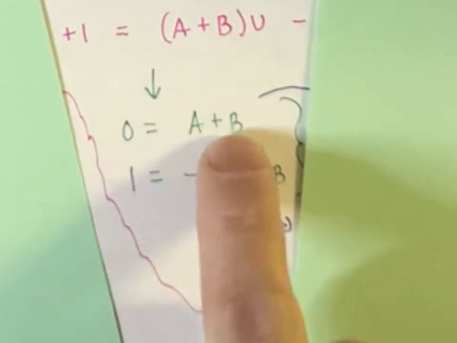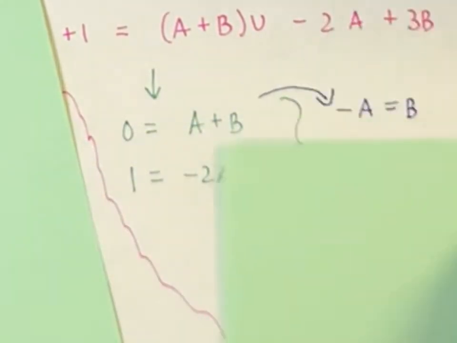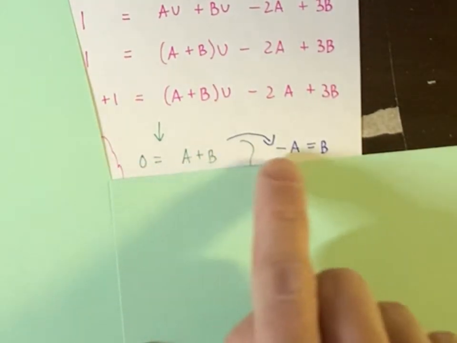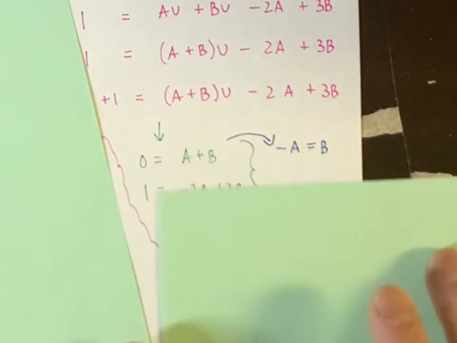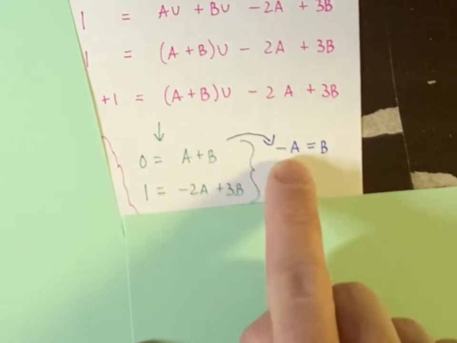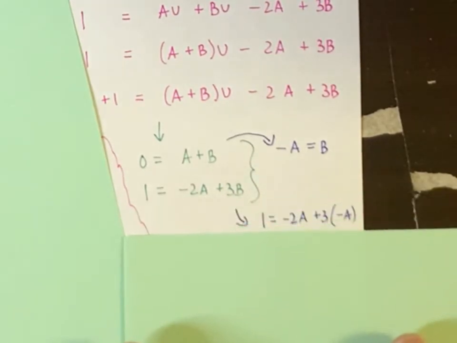And then looking at this equation here, maybe we can move the A to the left-hand side. So it's negative A equals B. And then what we can do is write this equation again, but instead of B, we can write negative A right there. And that's what that equation says, right?